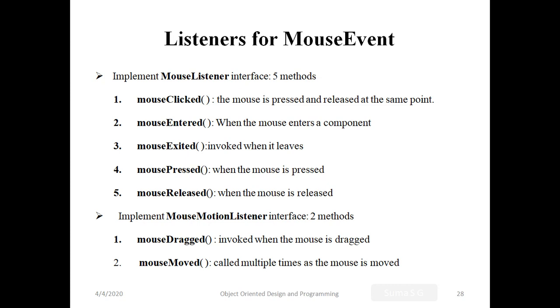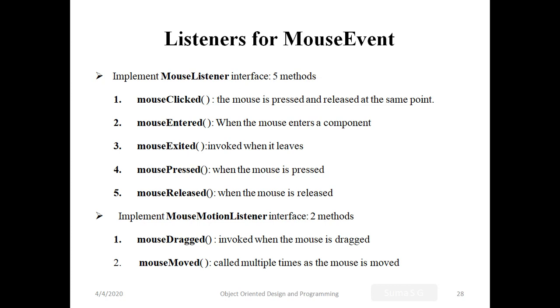So mouseClicked, mouseEntered, mouseExited, mousePressed, and mouseReleased. These are the 5 methods present in the MouseListener interface. If you implement this listener, you have to give the implementation of all the 5 methods. The mouseClicked method is invoked when the mouse is pressed and released at the same point.